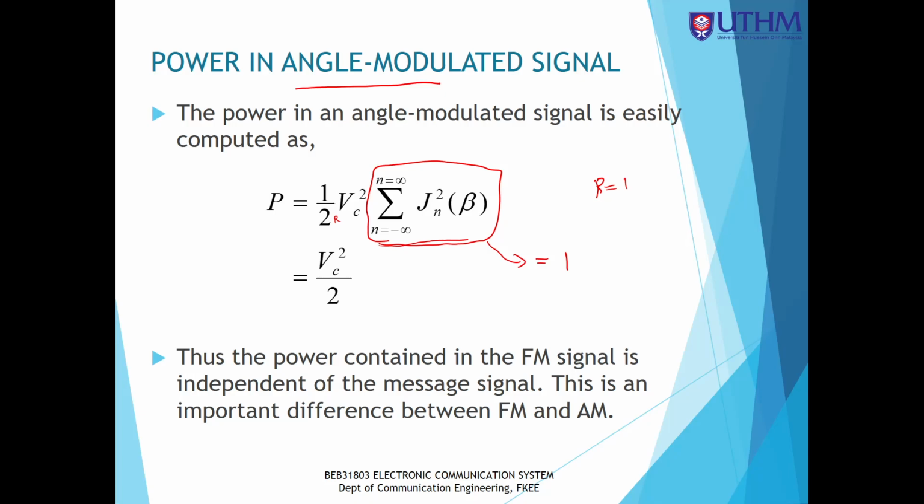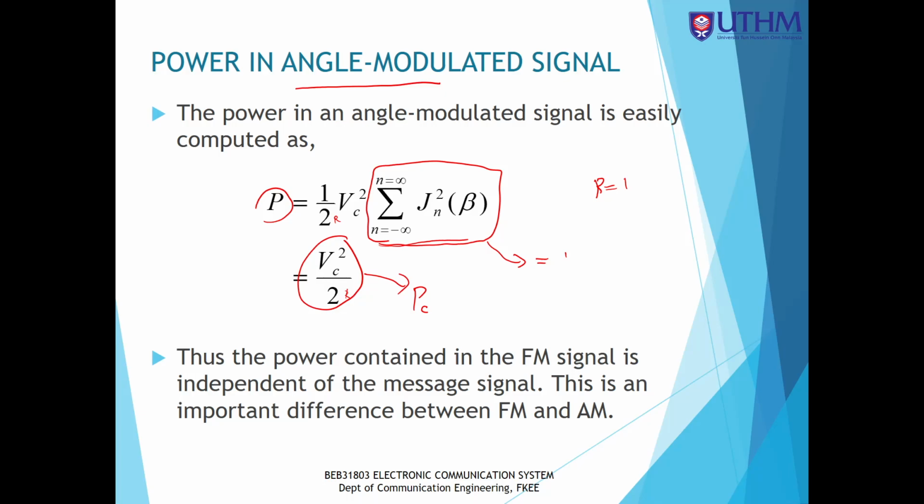Therefore the total power is equal to Vc square over 2R, which is the carrier power.